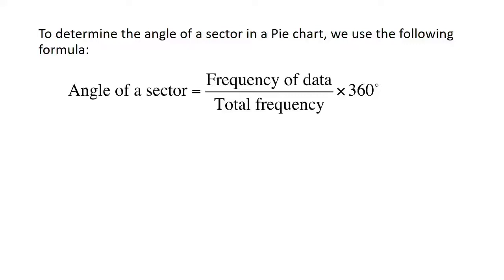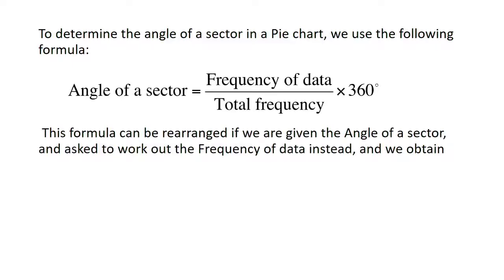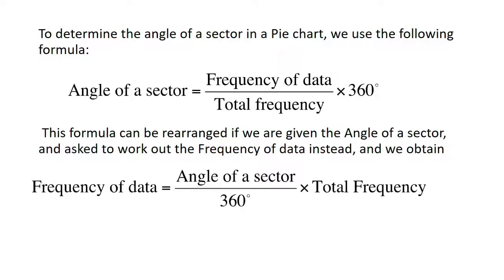If you are, for example, given the angle of a sector and you're asked to find the frequency of the data, then it's just a matter of making the frequency of the data the subject of this formula. So you can rearrange things as required, and therefore that will give you the frequency of the data given the angle of a sector.